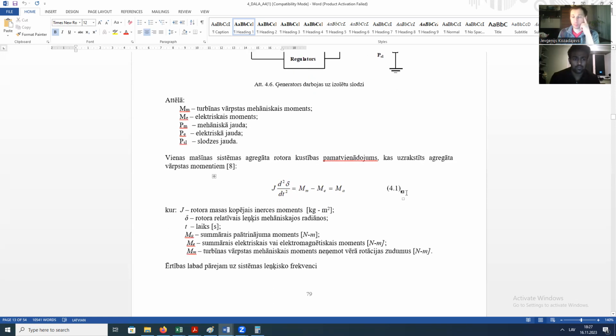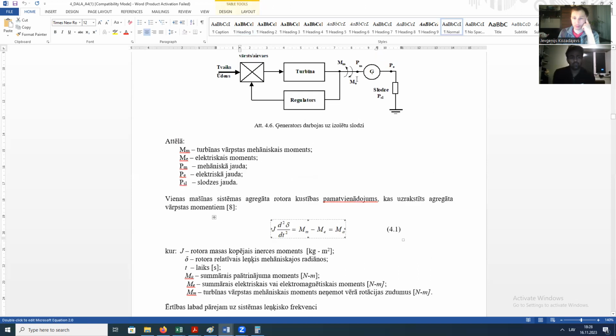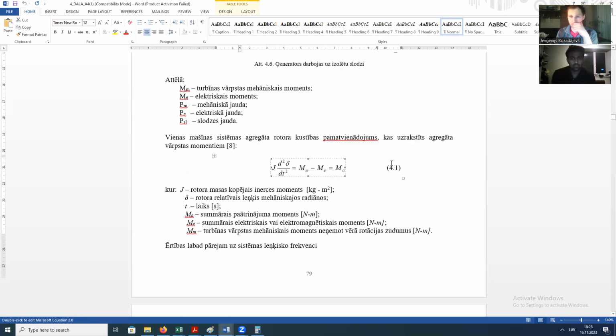In this case, the formula 4.1 about this rotation, where J represents the moment of inertia, in time, where M is the turbine mechanical moment and ME is the electrical moment and MA is representing the total moment of this process, because we have two units, a mechanical turbine and an electrical generator.